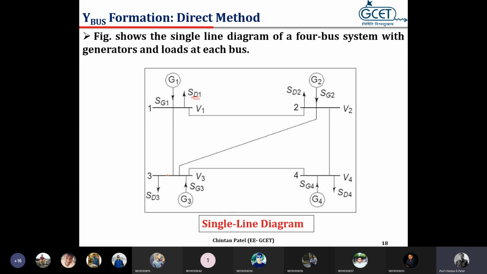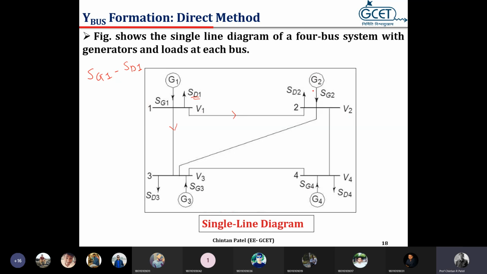Now, as we discussed in the last slide, the net injection at bus number 1 is the difference SG1 minus SD1. So if SG1 is greater than SD1 at bus number 1, then the power will flow away from the bus into the transmission lines.